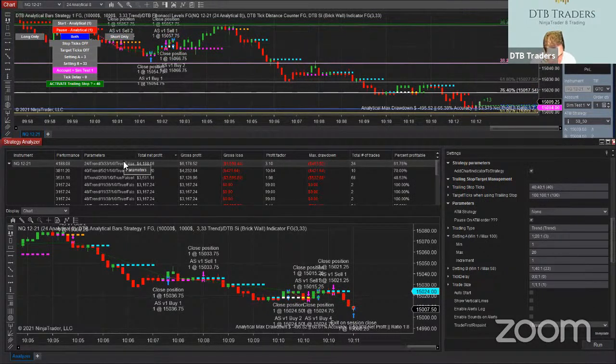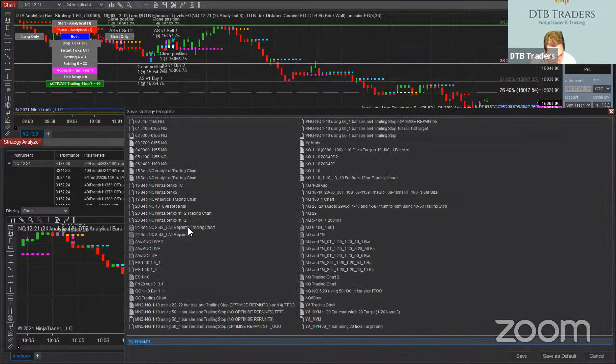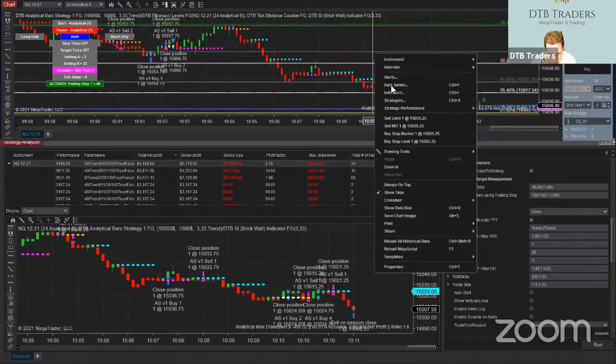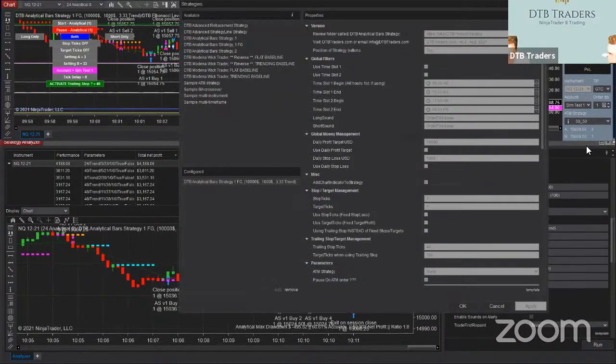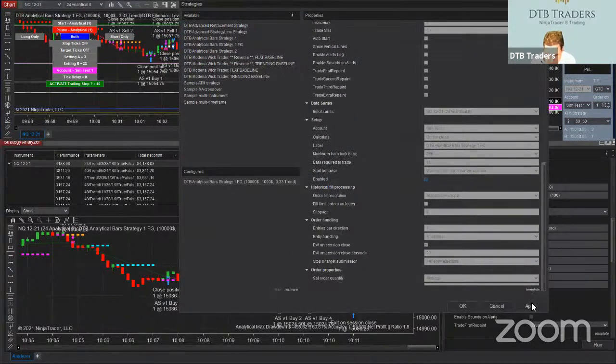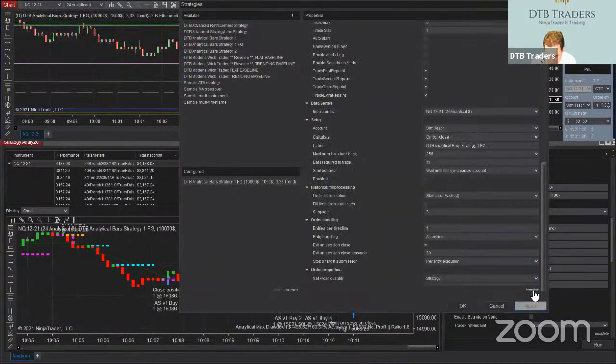Okay, so here is this optimization. So I'm going to save this one. Template save, and I'm going to pop this on to the trading chart now. So strategies. Enable, and I'm going to go template load.